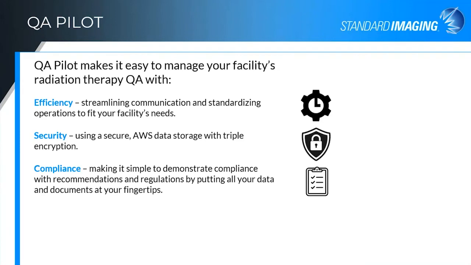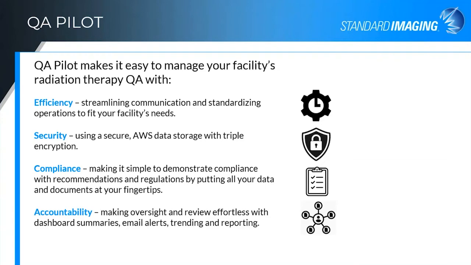We help you maintain your compliance to recommendations and regulations by putting your data and documents at your fingertips. Accountability is an important part, making oversight and review effortless with dashboard summaries, email alerts, and providing you trending and reporting.